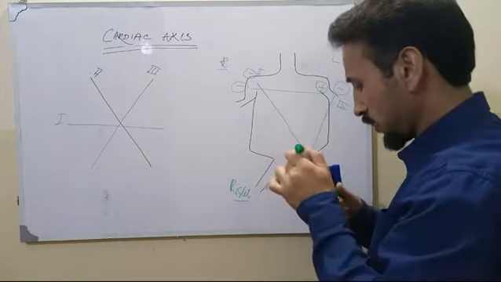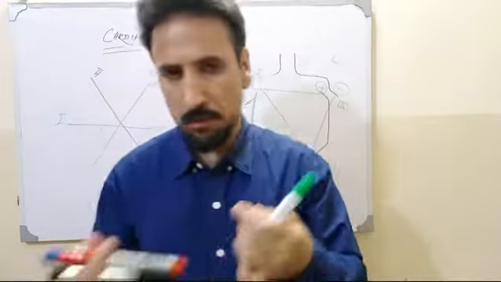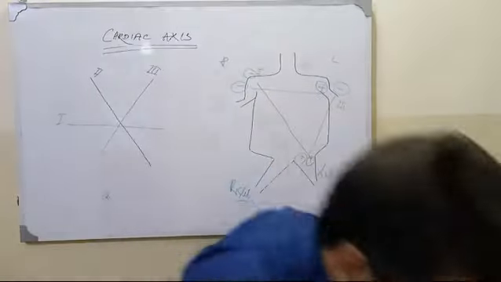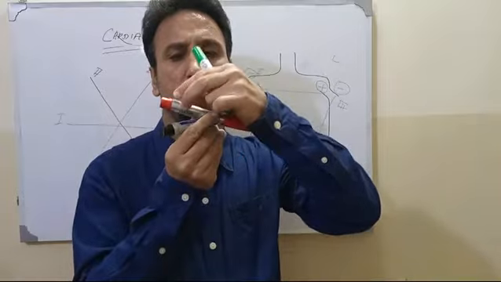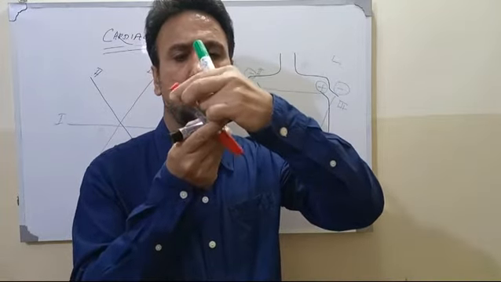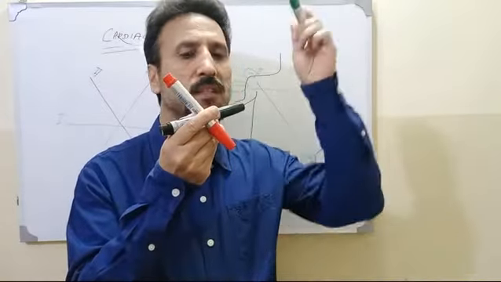Now these leads may be imagined as intersecting on the frontal plane, just like these markers. For example, this is lead 1, this is the positive pole, and this is lead 2, this is the positive pole, and this is lead 3. So they are intersecting like this.